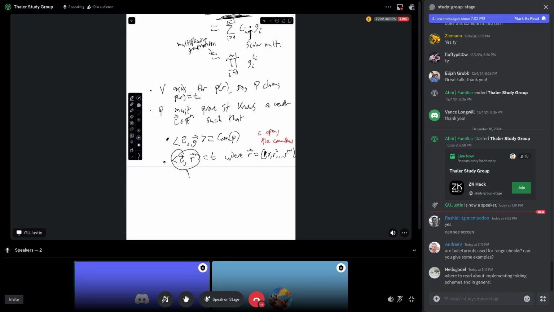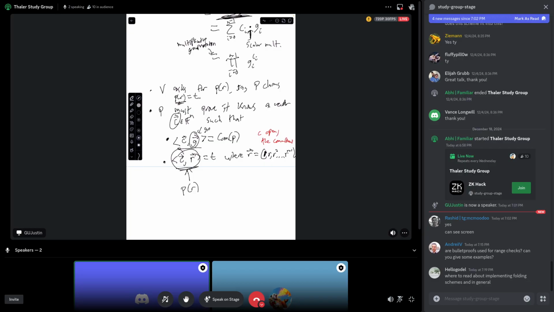Because if c is the coefficients of P, then this inner product is just P of r. So whenever you're using Pedersen vector commitments, when the verifier asks to evaluate the committed polynomial at a point r, the prover has to prove it knows a vector c satisfying two linear equalities.